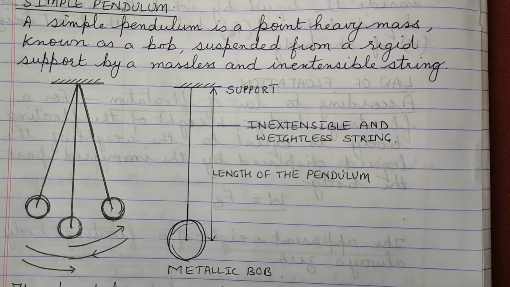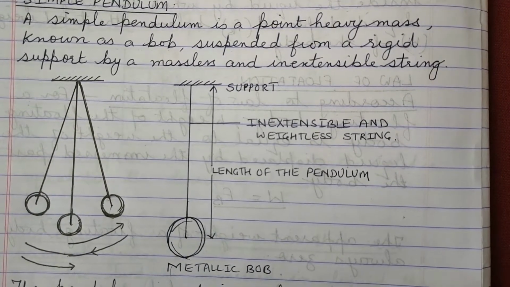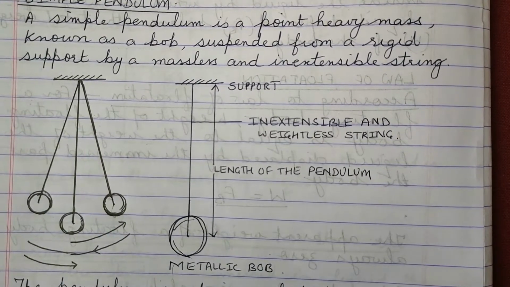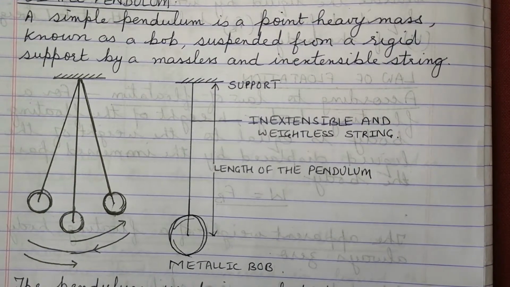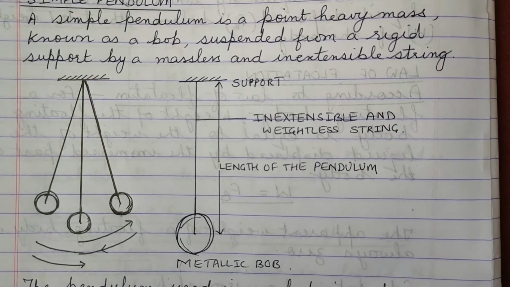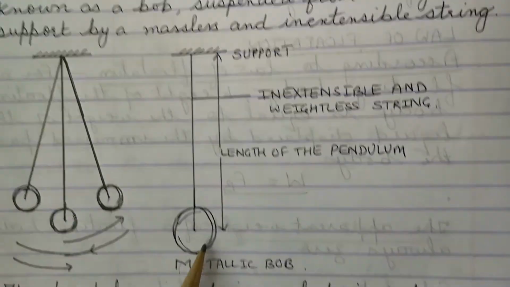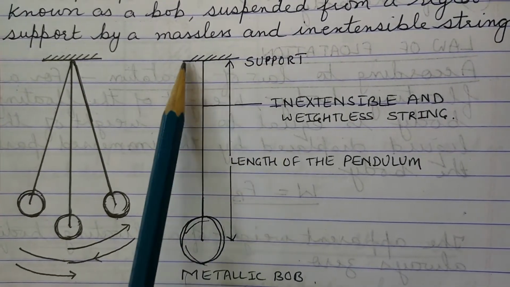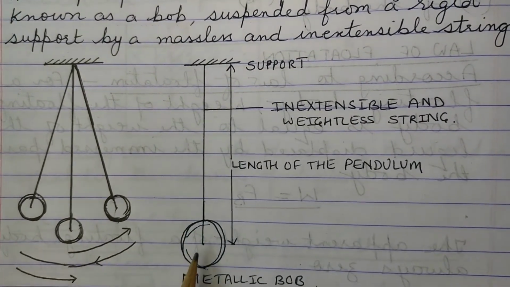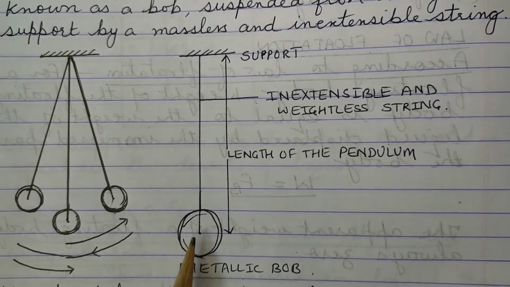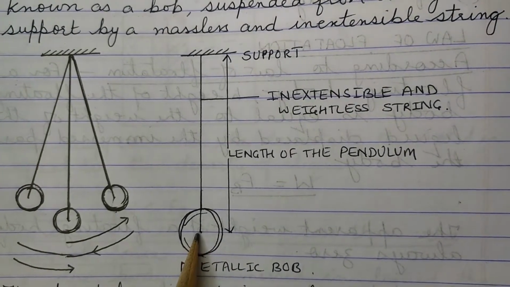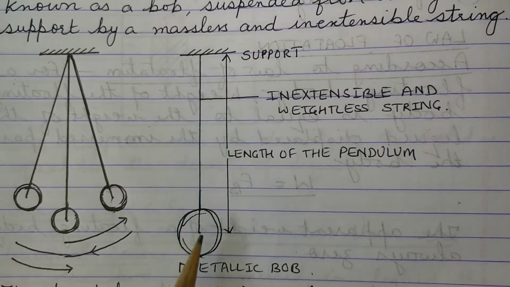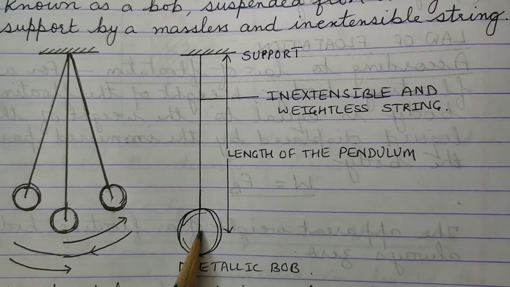If you are asked to draw a diagram for a simple pendulum, I have given you two diagrams. One is simply to identify what is a simple pendulum, where a string has been shown, fixed with a support, and the length of the pendulum will always be considered from the fixed support up to the center of gravity of the metallic bob.